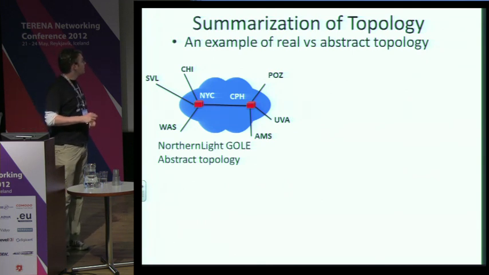You can look at the Nordunet network, or the Northern Light goal, which has connections to Amsterdam, the UvA, Poznan, and at the other side of the Atlantic to Chicago, Washington, and Starlight.